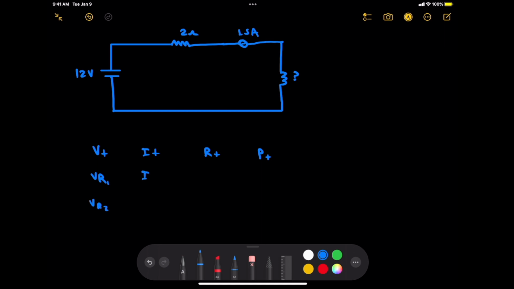We know what IR1 is, and we know what IR2 is. Well, we have R1, which is 2 ohms. Well, let's first write down what we're looking for. And we have R2. And then we have P1 and P2.